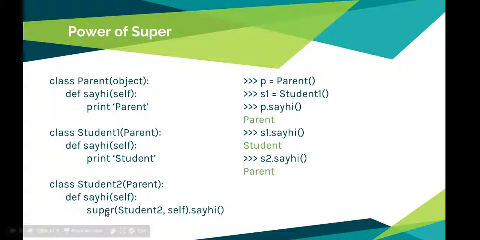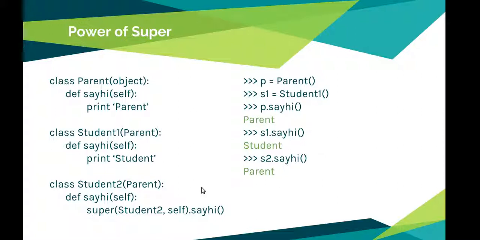What it is doing is super student2 and self. So this is the syntax of super: student2 and self. It takes the current class name, the super and self, and it executes the function you want. And how it does that, it follows something called MRO, method resolution order.